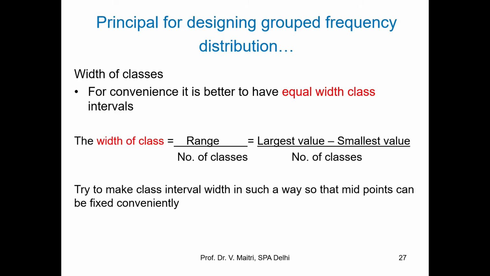How many classes you want to make: 10, 5, 15, like this. Try to make class widths in such a way that we can fix a midpoint easily. If it is a multiple of 5, then the midpoint will always be an integer, and from that midpoint you can draw further conclusions. So this is the principle of designing the width of the class.